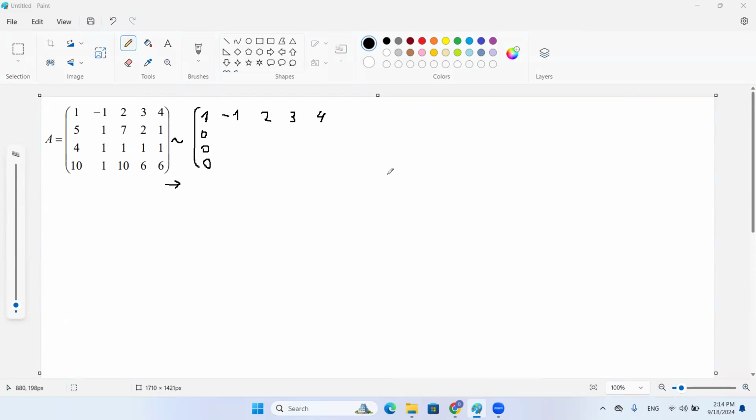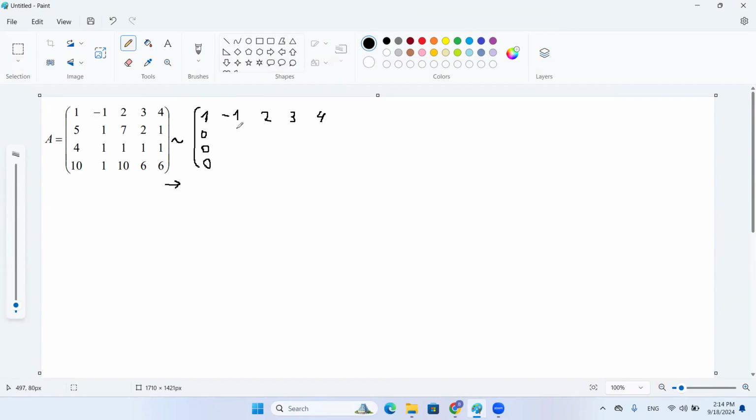We multiply the first row by -5 and add. You remember doing it for determinants of the fourth order, so actually it's the same operation. I can do this.